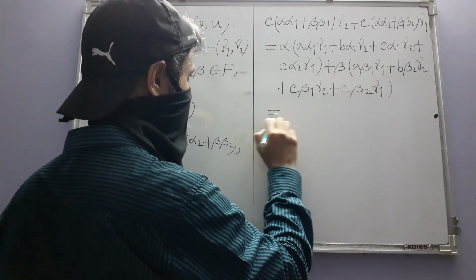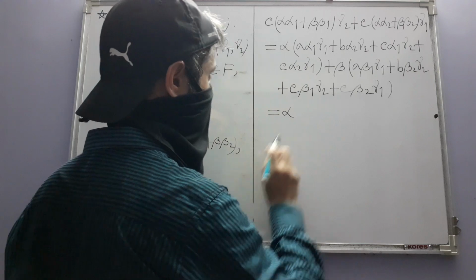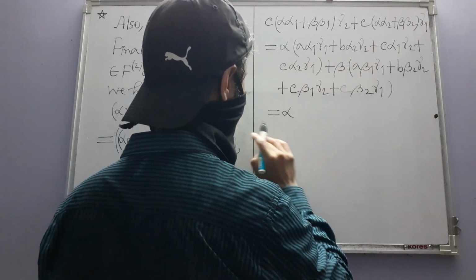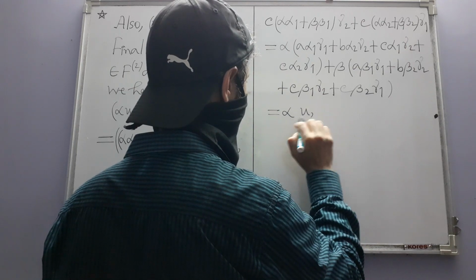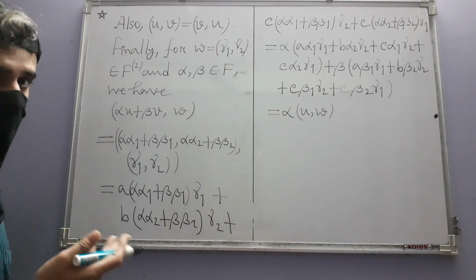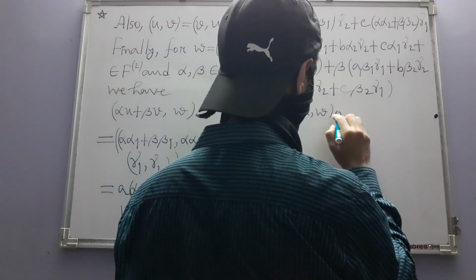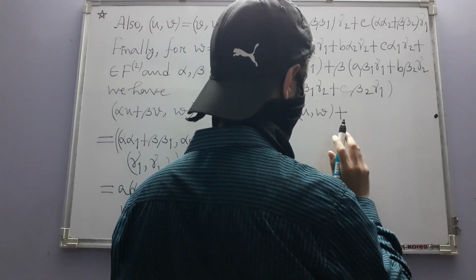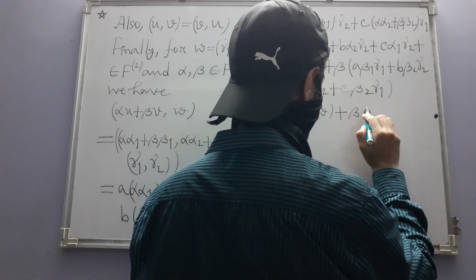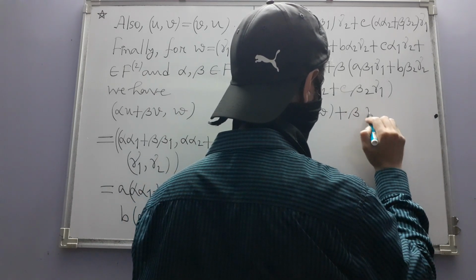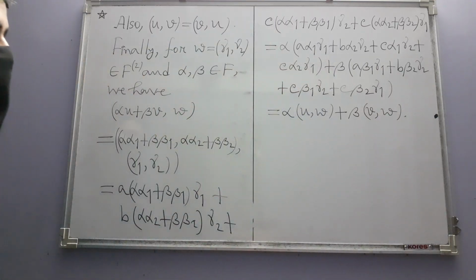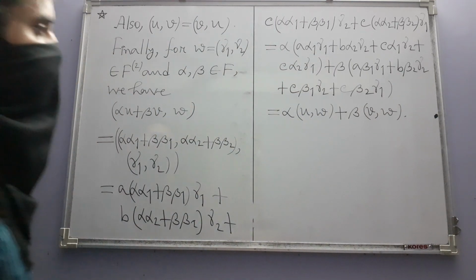And we can see that this first thing within parenthesis is nothing but the functional value of this function where we have U and W. I am still not saying inner product because we are showing that, right? Plus beta times, and this one is V comma W. So that's it. So now we have shown linearity.